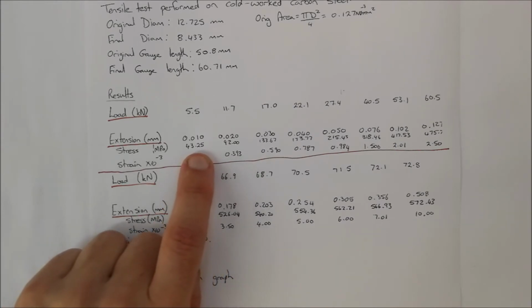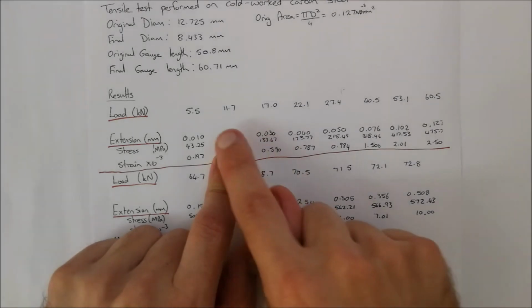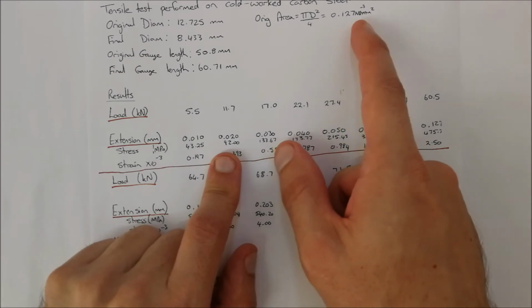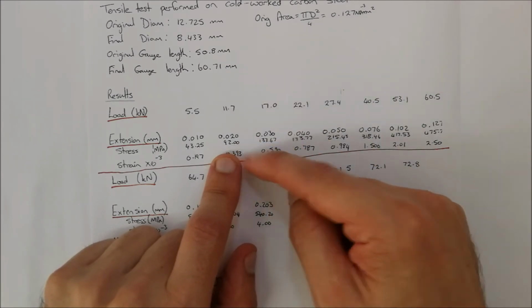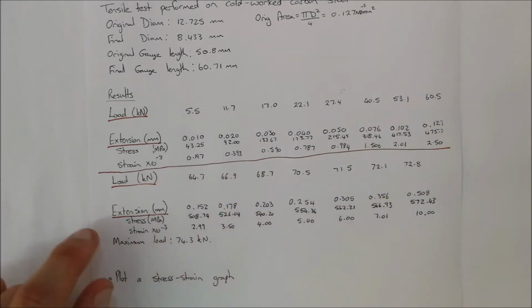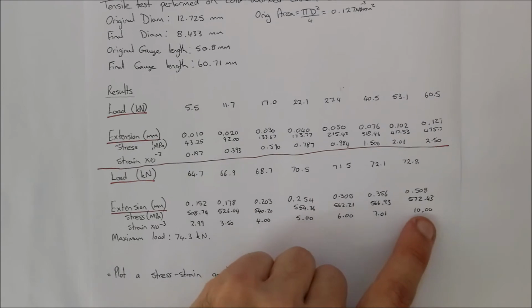That is how these stress values are calculated. Again, a load of 11.7 divided by 0.127 times 10 to the minus 3 gives us 92 megapascals. So you're able to calculate that for all the values coming across over here.